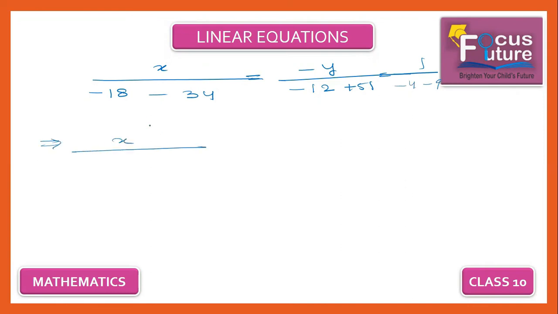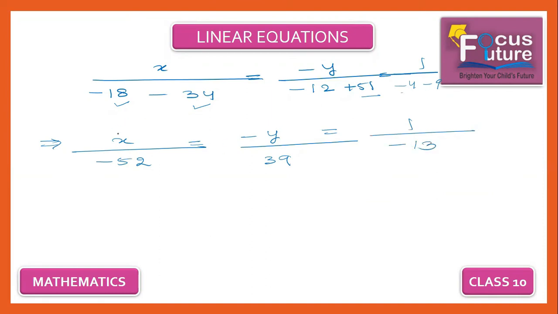X divided by minus 18 minus 34, what would be minus 18 minus 34? This would be minus 52, equal to minus y divided by 39, 51 minus 12 is 39, equal to 1 divided by minus 4 minus 9, minus 13.